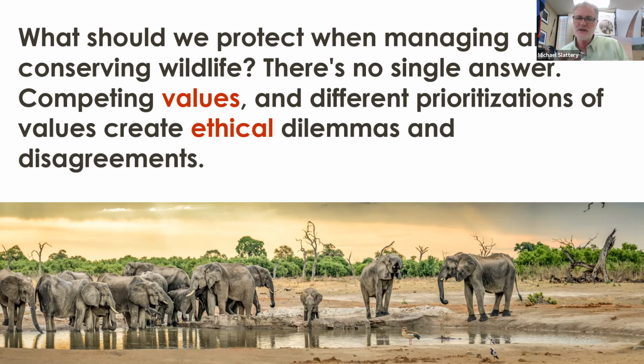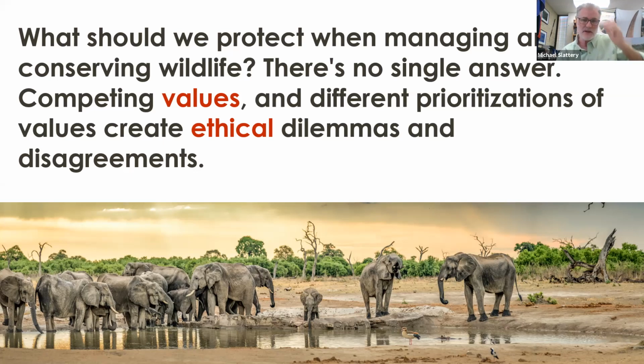Then you've got people from South Asia going, we've got way too many elephants here, right? We've got to do something about it because these elephants are trampling and eating our crops, and they're walking through neighborhoods, and they're damaging buildings and cars. And so there's competing values. There's different viewpoints on how wildlife is viewed.